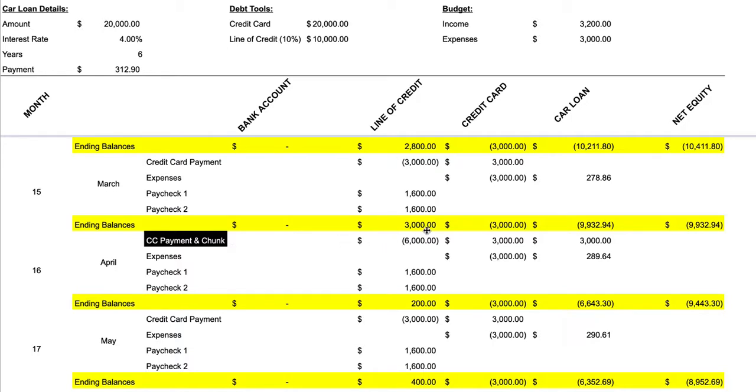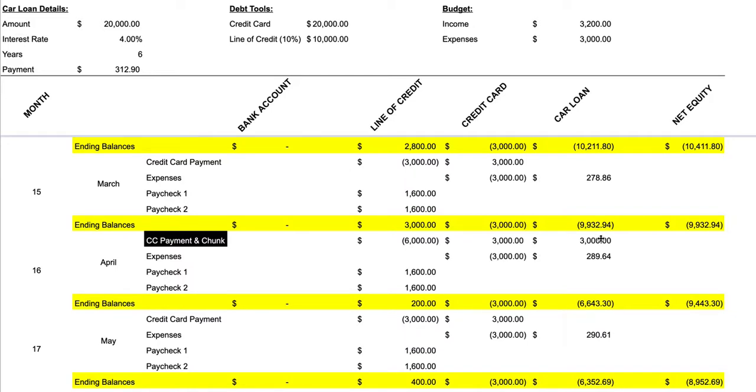Now you make that second chunk. So this is the credit card payment and the chunk, right? You're taking $3,000 out of the line of credit to pay back the credit card for the month, and then you're going to take an extra $3,000 from the line of credit to also go towards the car loan, to reduce the car loan, right?